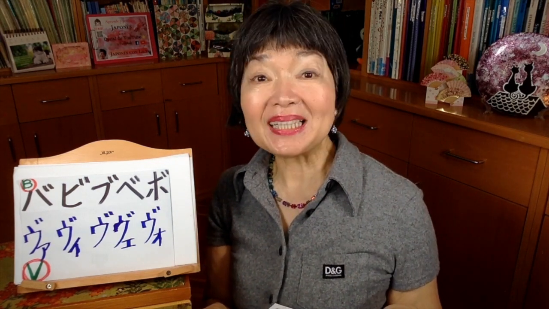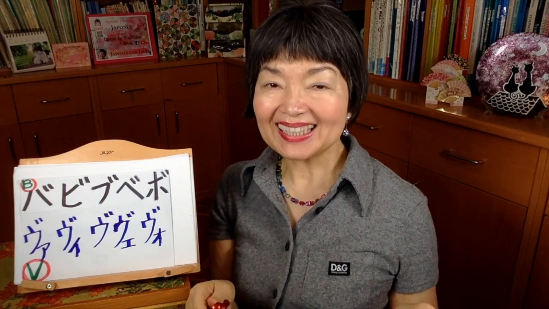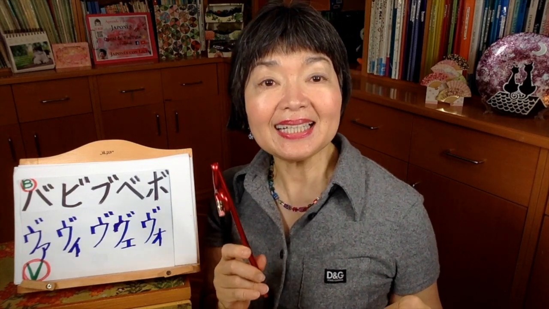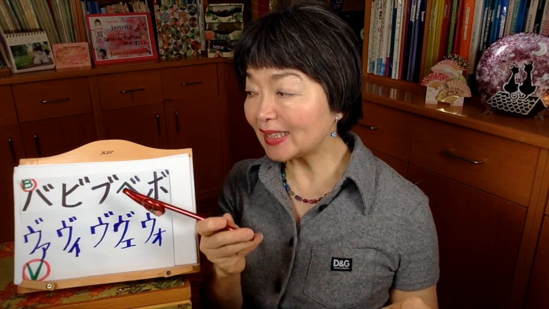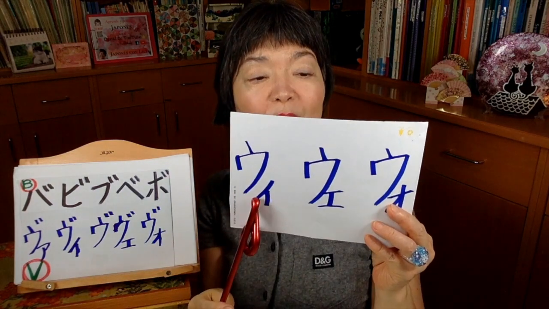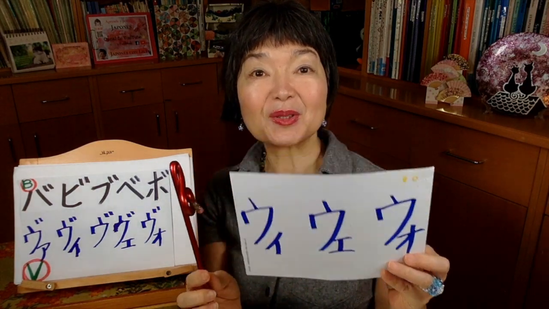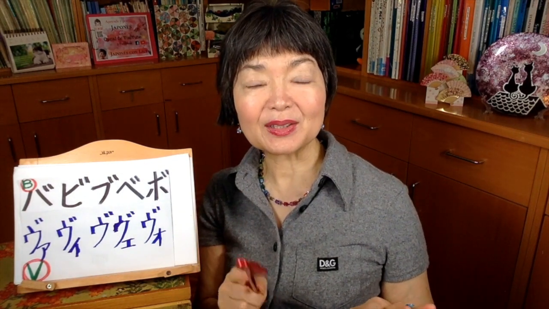Now it's quiz time, but only 5 questions, and this time only the dictation. Okay? So I'm gonna tell you in English, and I want you to translate into Japanese using babibubebo or vabibubebo or we, we, wo, because these kinds of vocabularies that we are going to use in this translation.